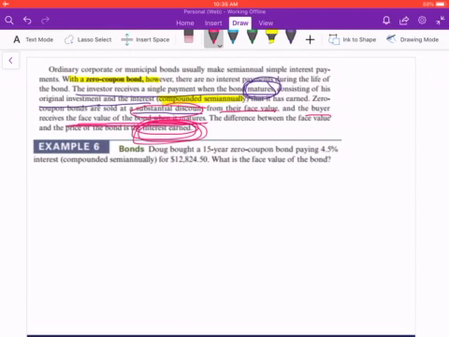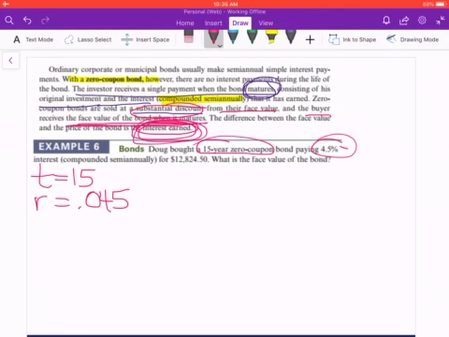So what we need to do here, first, we're gonna analyze every single quantity. So we have T will be equal to 15, and it is already in years. We have the rate of 4.5%, so converted to a decimal is 0.045 because we divide by 100. And it says here the interest is compounded semi-annually, so M will be 2.